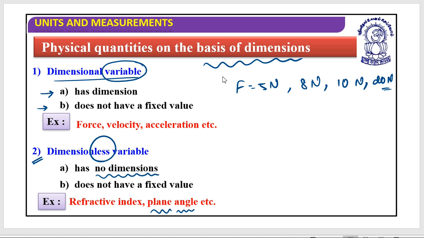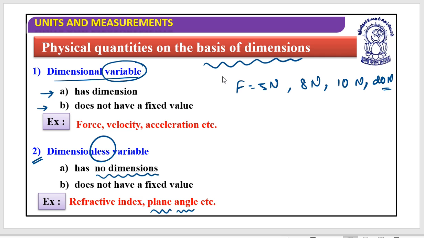Please try to remember. There are three categories of physical quantities. One is the fundamental quantities, which are the seven quantities of the SI system. Another are the derived quantities, those quantities which can be derived with the help of fundamental quantities. And last, the supplementary quantities.